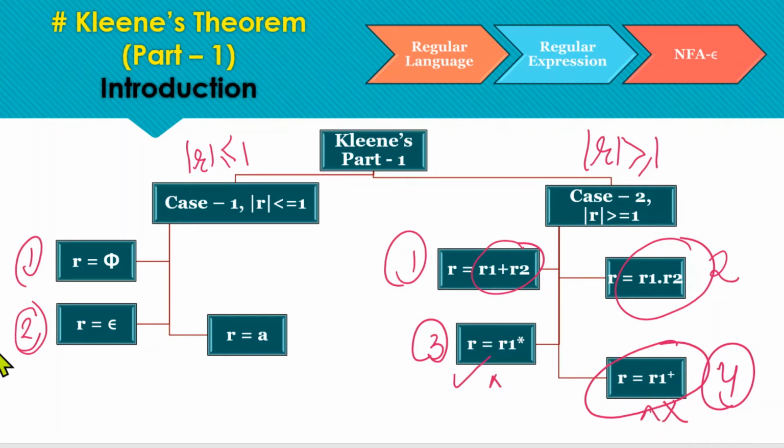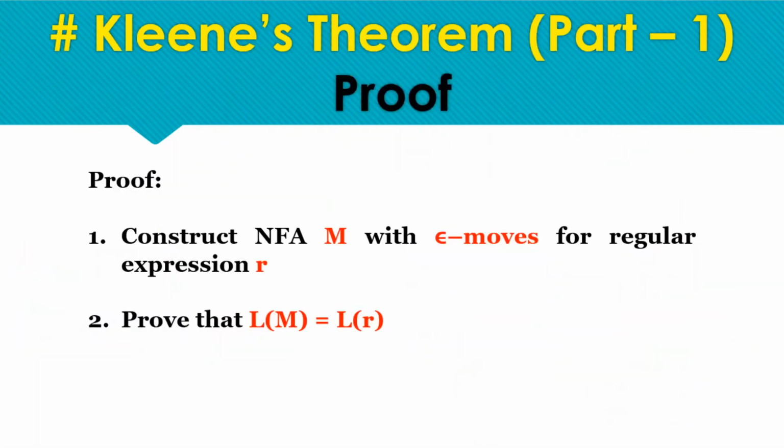So we have to prove all these identities for Kleene's theorem part 1. Let's start with the theorem. In the proof, for every case, case 1 if the length is less than or equal to 1, or case 2 if the length is greater than 1, we construct an NFA M with epsilon moves for the given regular expression.